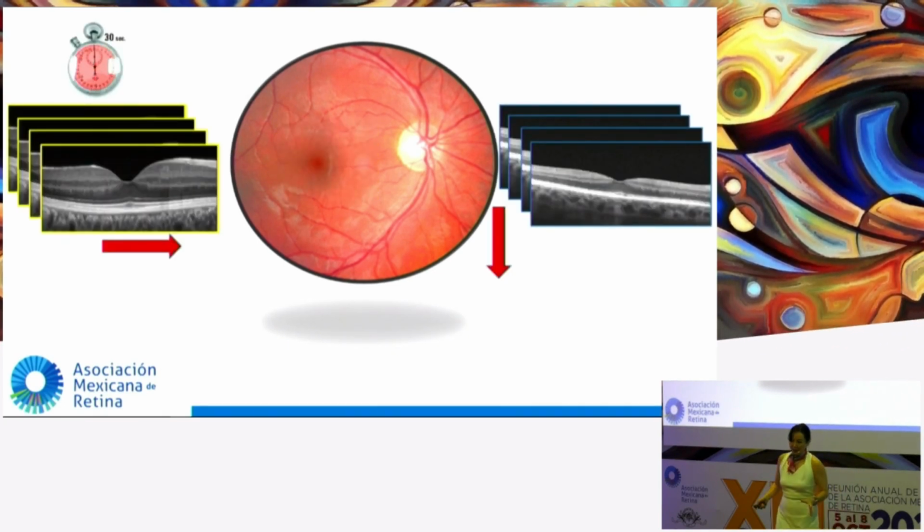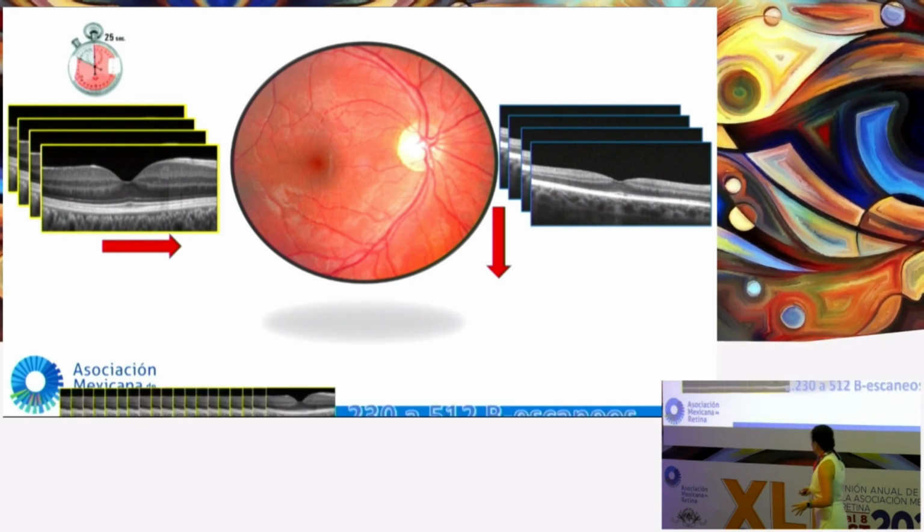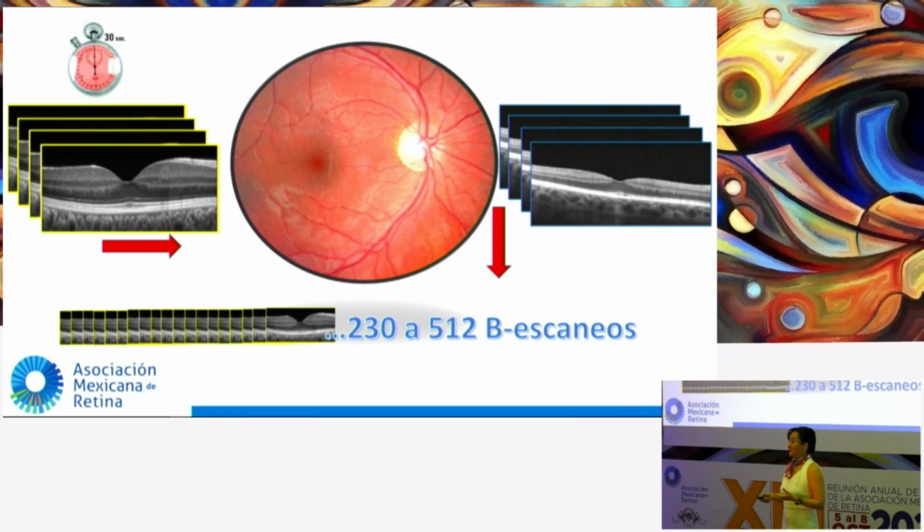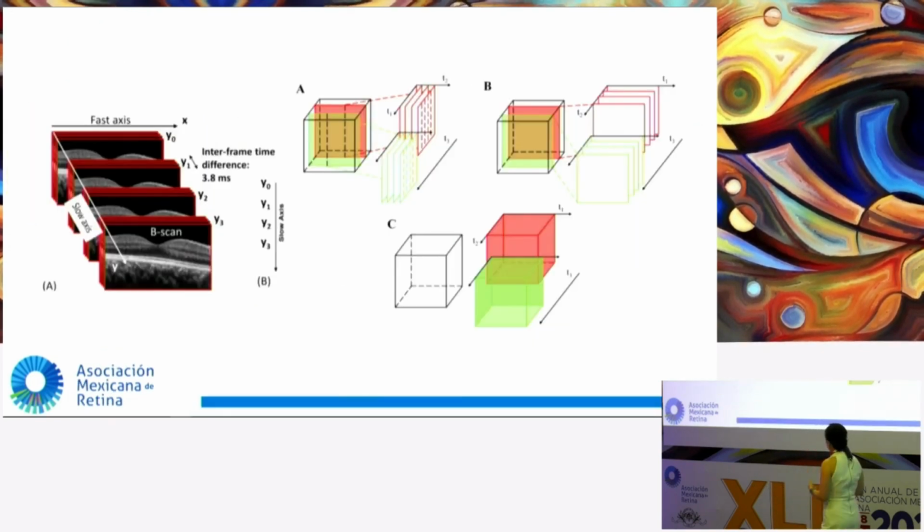So in that while, depending on the device, we will have gathered 230 to 512 bidimensional tomographies. What do I do with 500 of them? What does the unit do with all those scans?